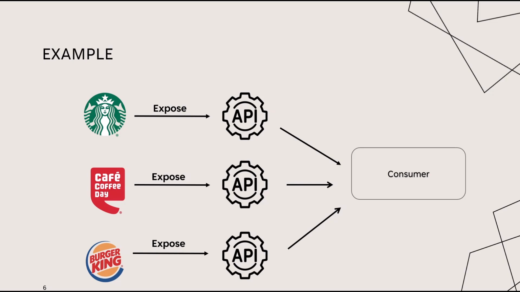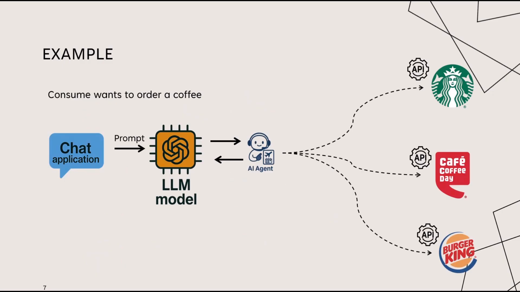However, these APIs often differ in structure, both in the way requests are made and in the format of the responses returned. An AI agent can call this API to place an order.